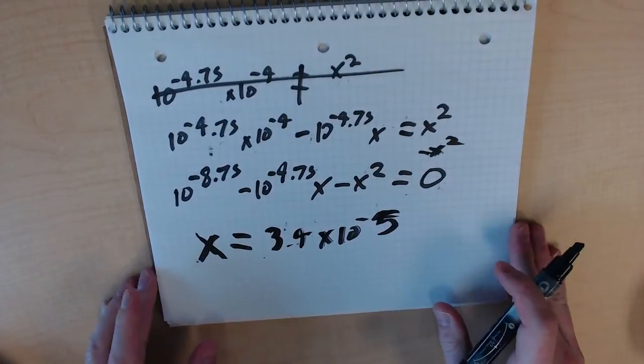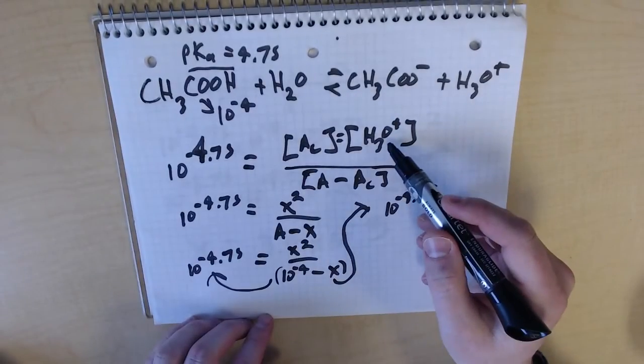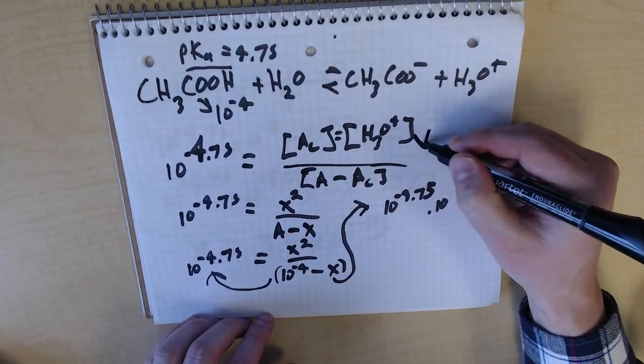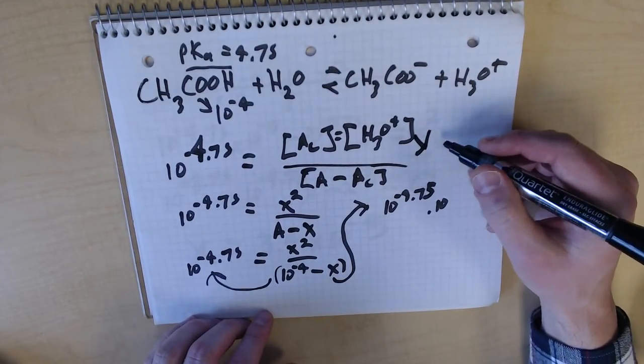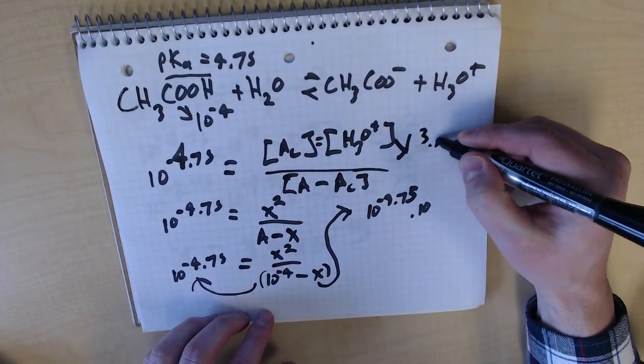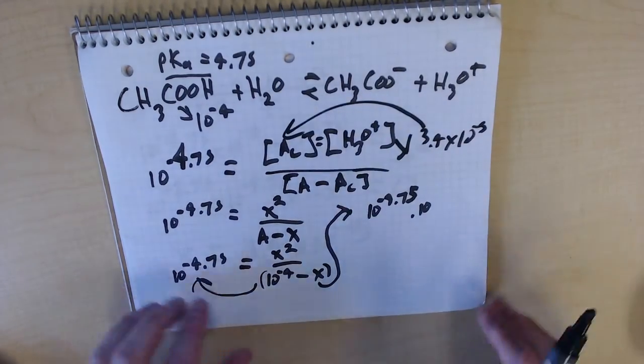And if you recall, x again was equal to the concentration of acetate and of hydrogen ions. So this is going to tell us the pH. The concentration of hydrogen ion is 3.4 times 10 to the negative 5, and that's the same concentration for acetate. And so if we wanted to go ahead and do a log base 10 of that, I'm getting lost in my sheets, that's okay.